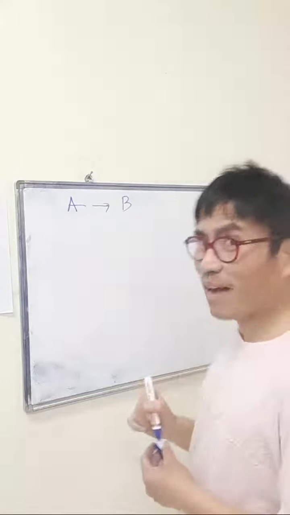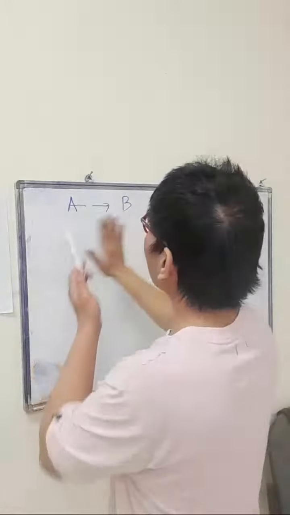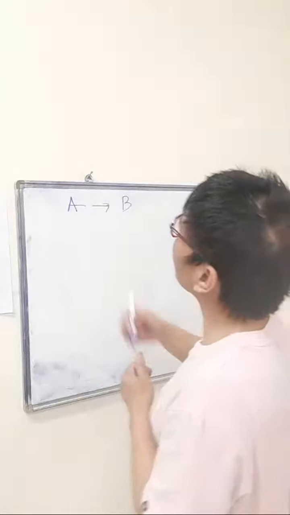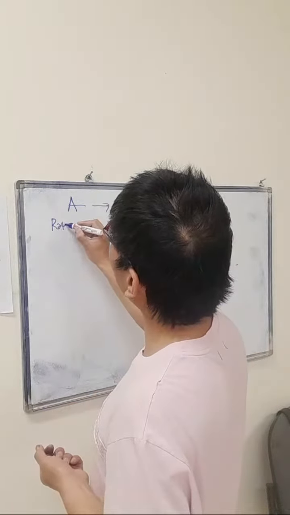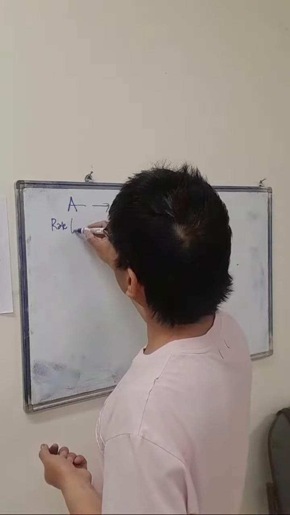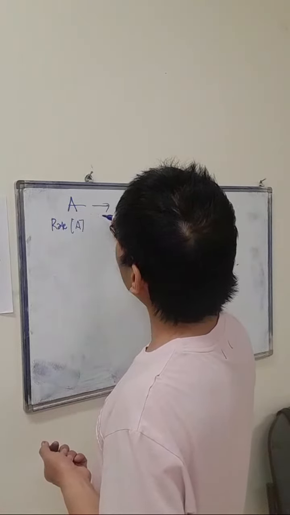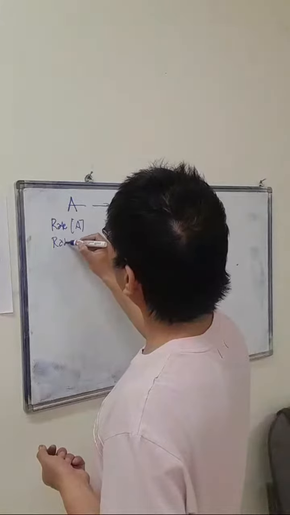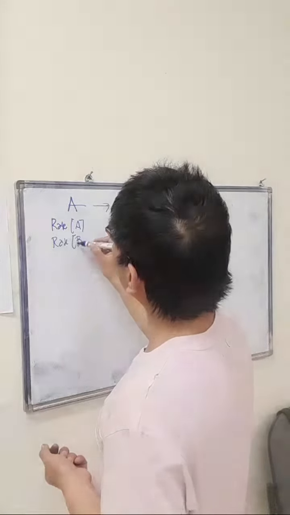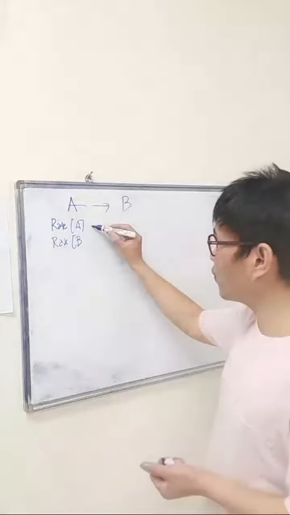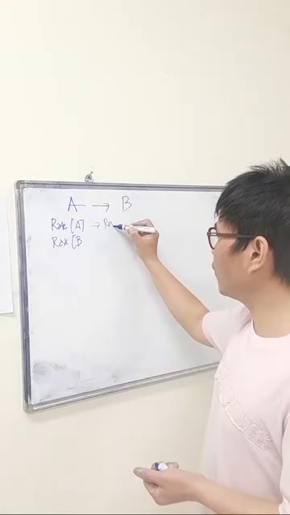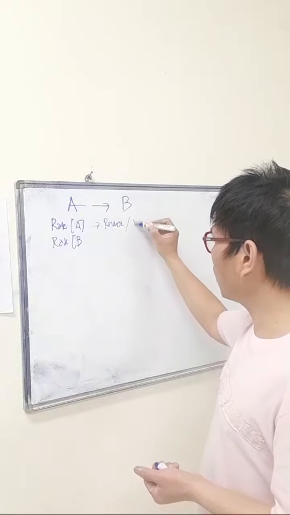Now, we have here the rate of the reaction A, and we also have the rate of the reaction of B. The rate of reaction A is the reverse, or backward.